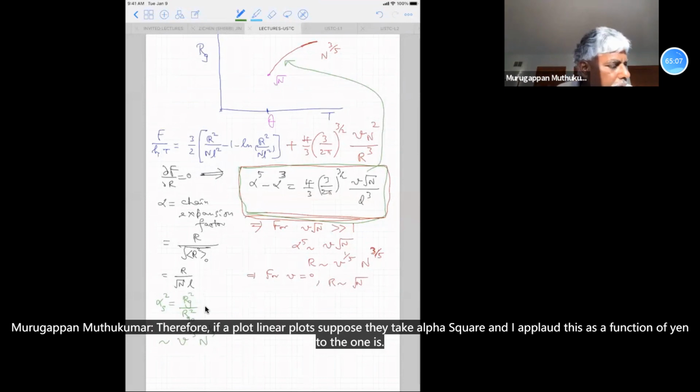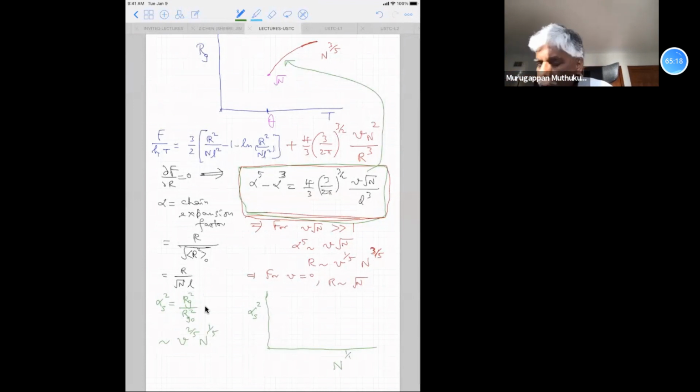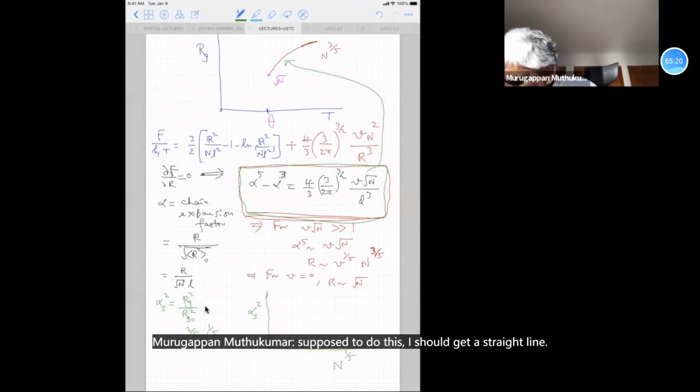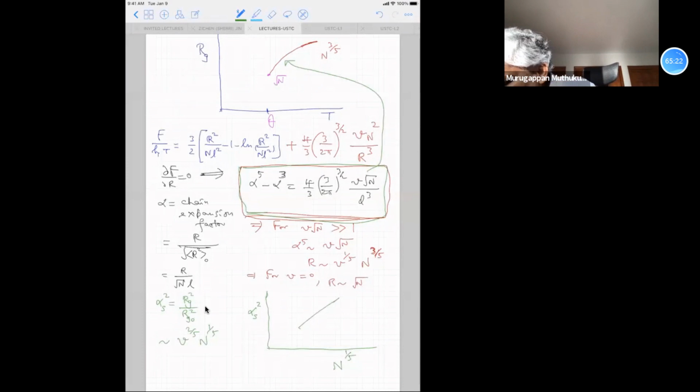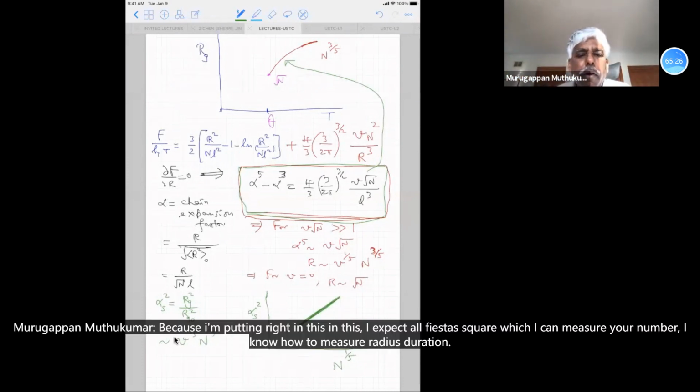Therefore, if I plot alpha S squared as a function of n to the 1/5, I should get a straight line. In this, I expect alpha S squared, which I can measure.